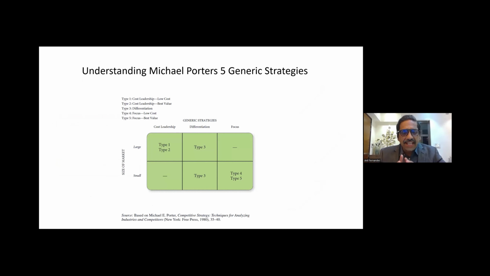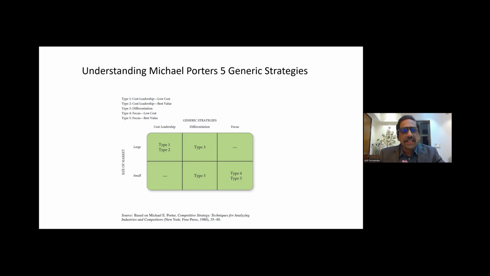Now, on the x-axis, you have your choices or approaches towards your strategies. There are three broad approaches in basing your strategy, as I mentioned. The first is cost leadership. Second is a differentiation strategy. And the third is a focused approach.